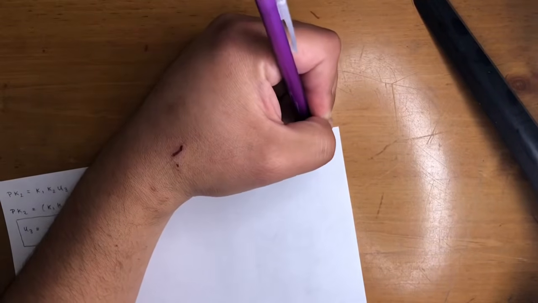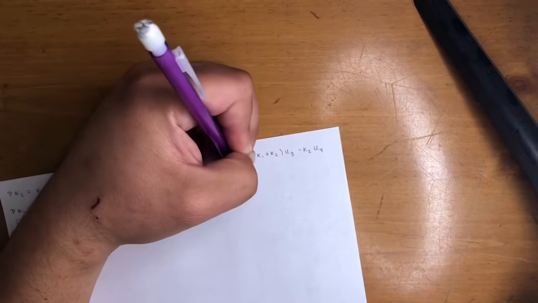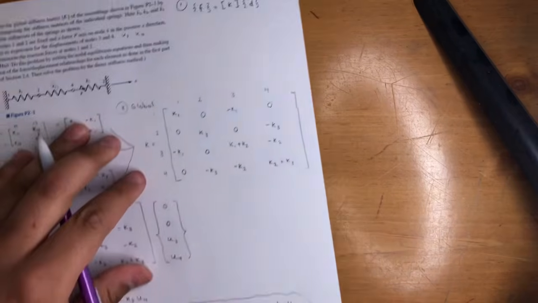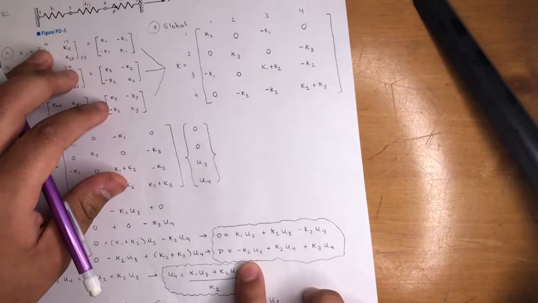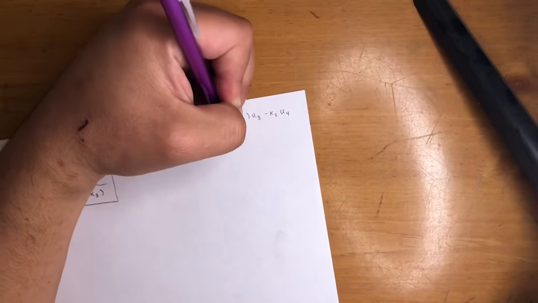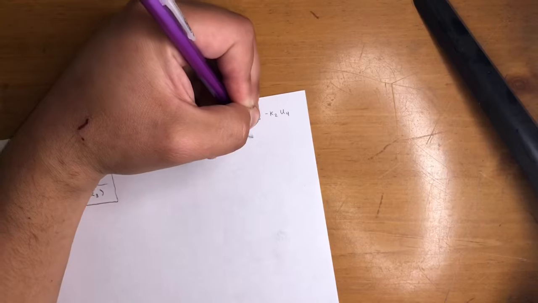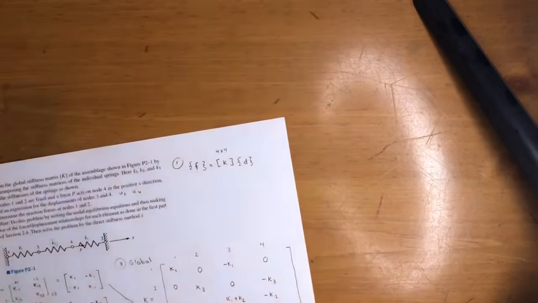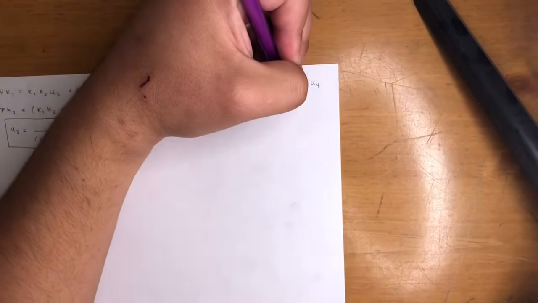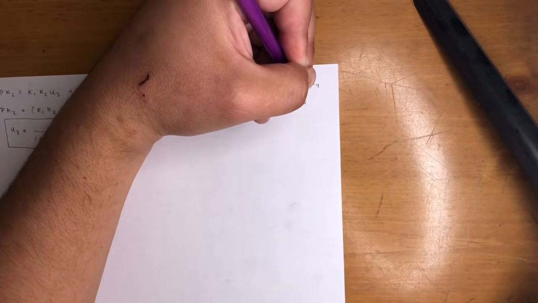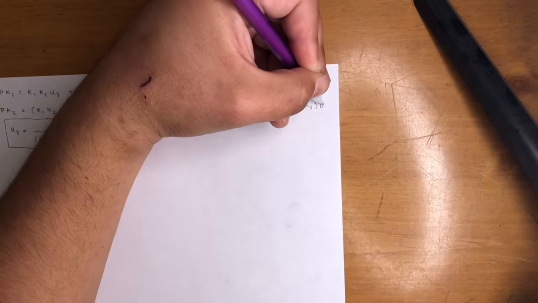And then the other one is negative K2 U3 plus, I'm going to factor it out again, K2 plus K3 times U4.